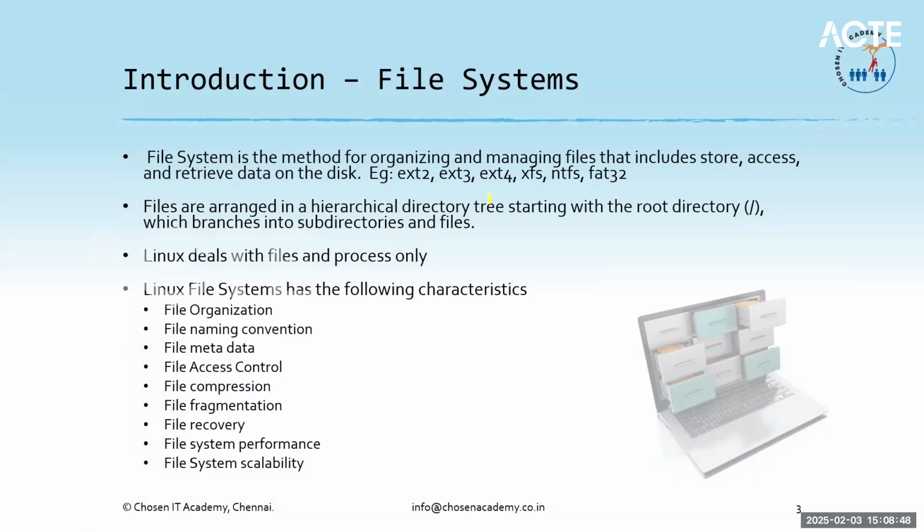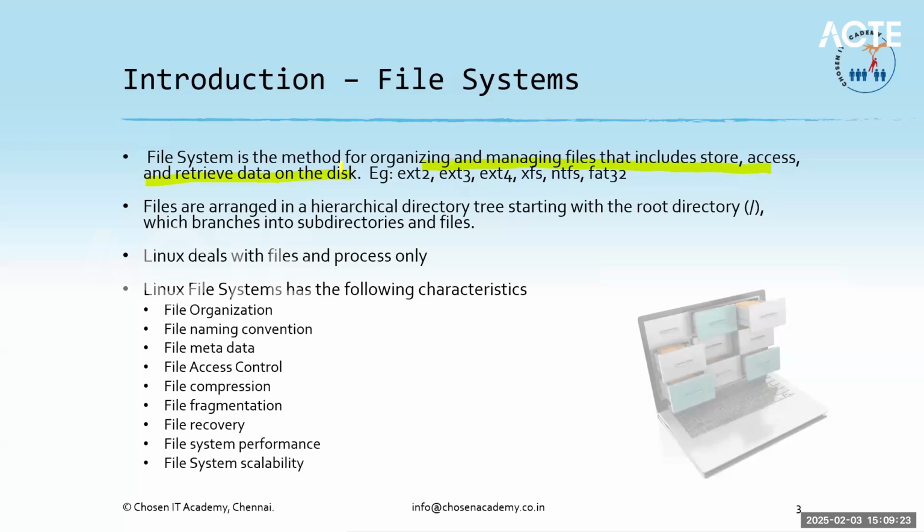When we say organizing and managing files, this means including storing the file, accessing the file, that is reading a file, writing content to a file, or retrieving data from the disk, things like that. For all of this, there's a concept, a method that we need to have so that the system would be able to easily retrieve the data that we have stored.